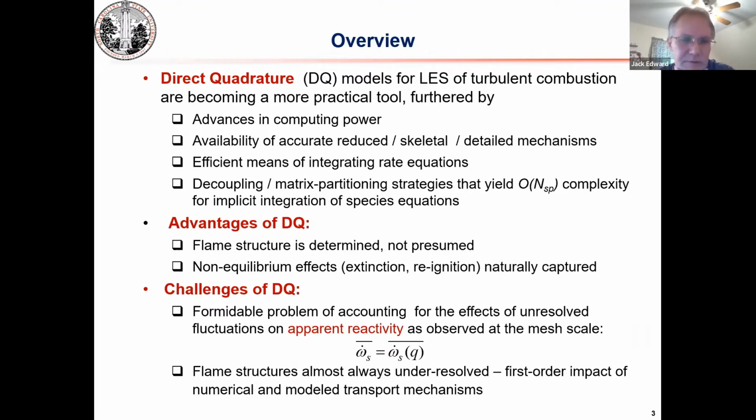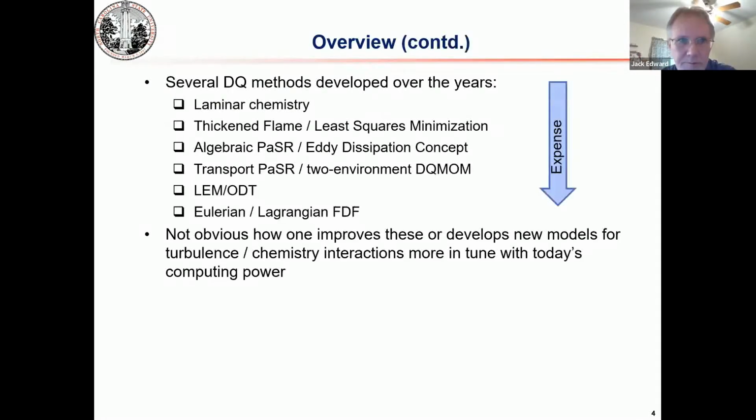And another fact, obviously, is that the flame structures are almost always under resolved. So when you're doing a direct quadrature approach, you have to realize that there's a first order impact of numerical transport as well as the model transport mechanisms on what you observe. But we're going to focus really on the unresolved fluctuations aspect of it in this talk.